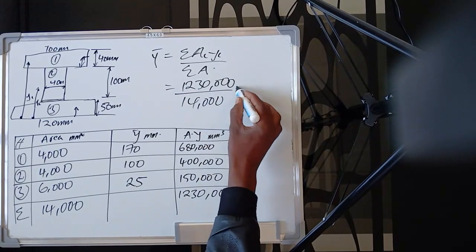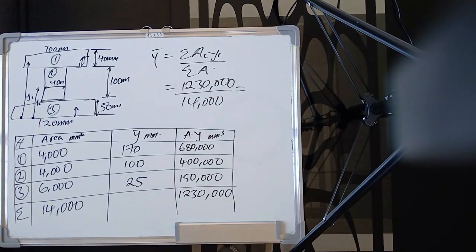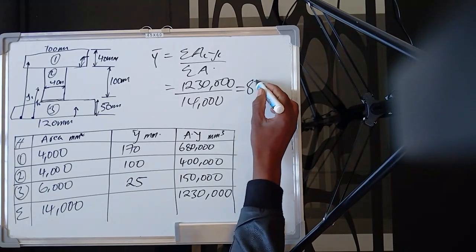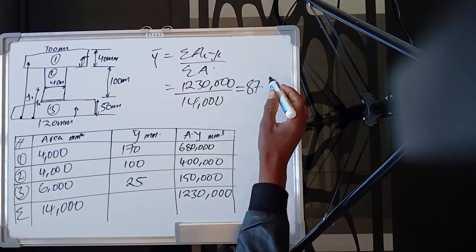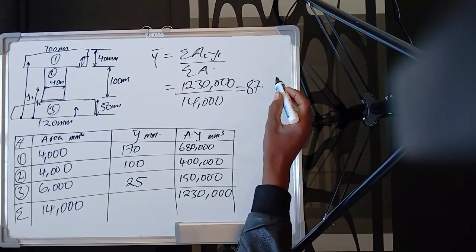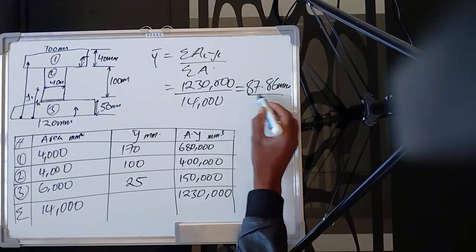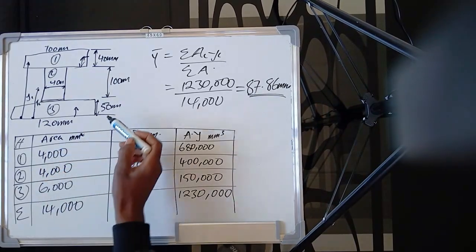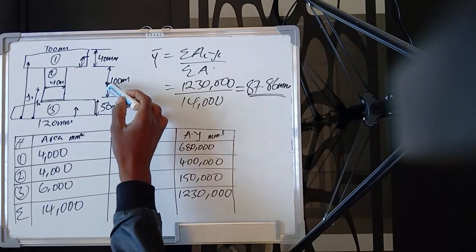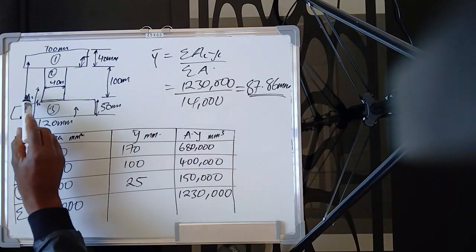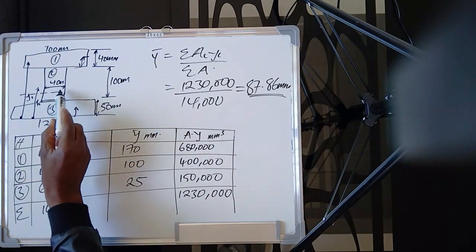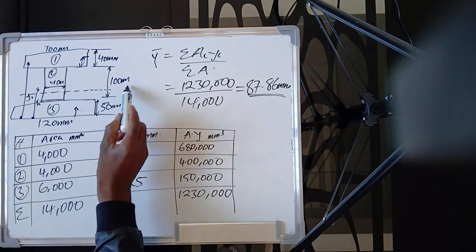Okay, the answer here, put that in the calculator. It should give you 87.86 millimeters. So that is our neutral axis. So you can tell that if this is 50 and then this is 50, so the neutral axis should be somewhere there.